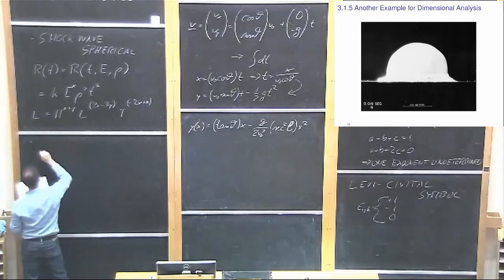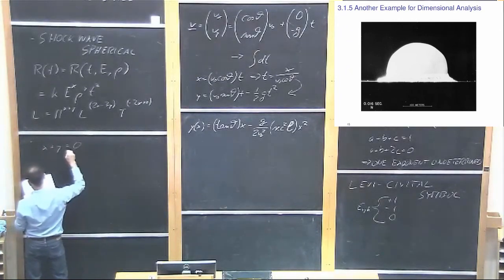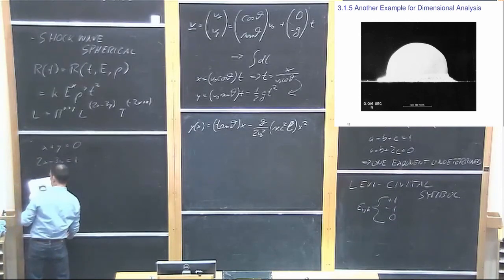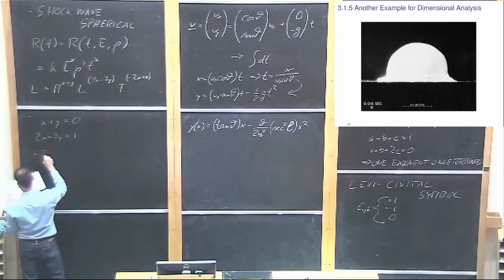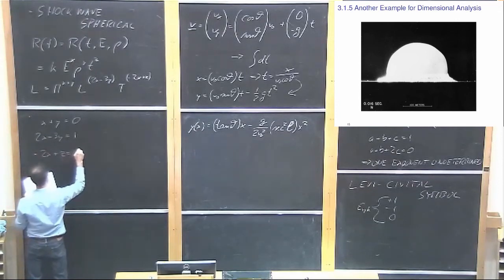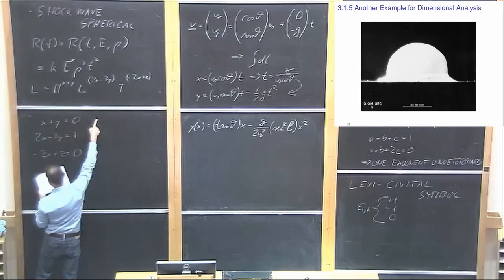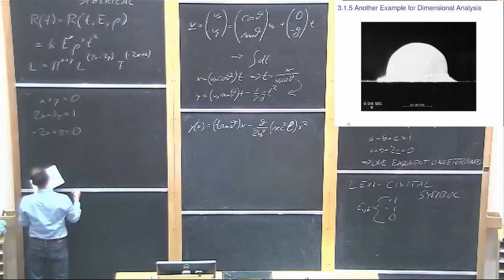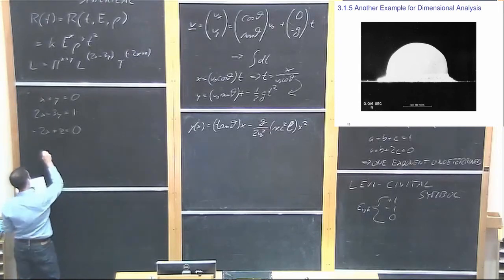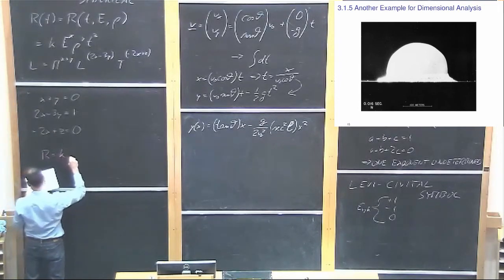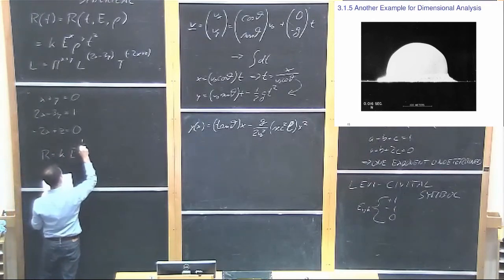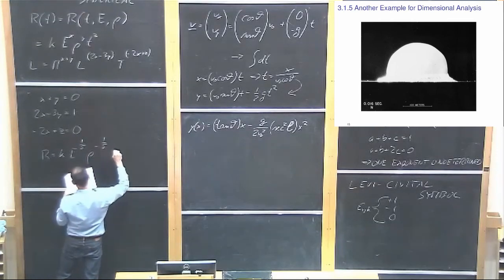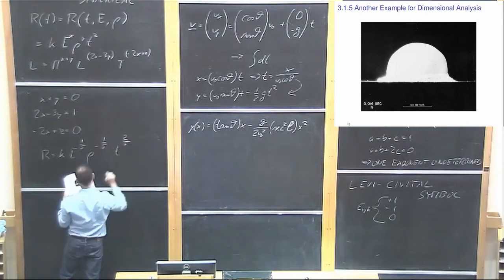And with that, we get x plus y equals 0, 2x minus 3y equals 1, and last but not least, minus 2x plus z equals 0. So this is from the mass, length, time. And if we rewrite that, we get r equals some kind of constant, E to the 1/5, rho to the minus 1/5, t to the 2/5.